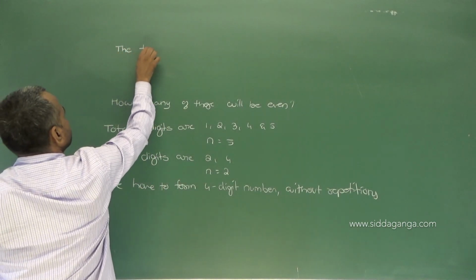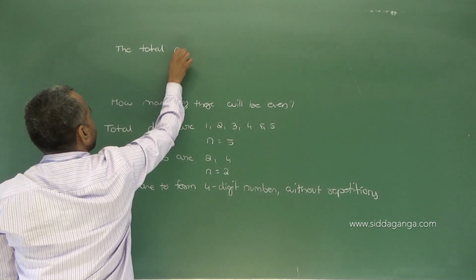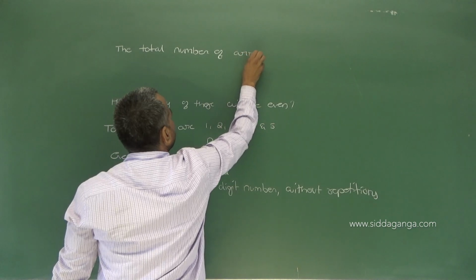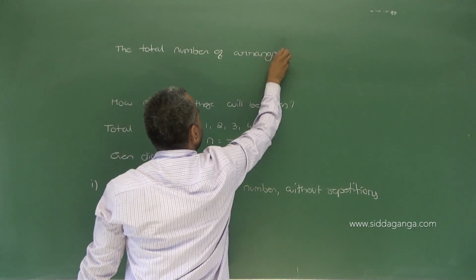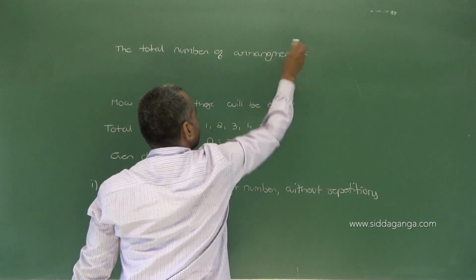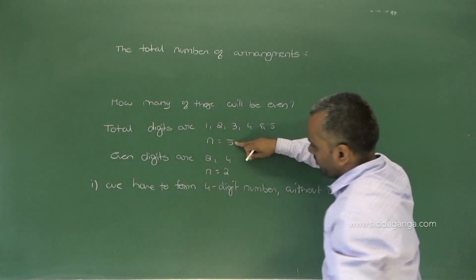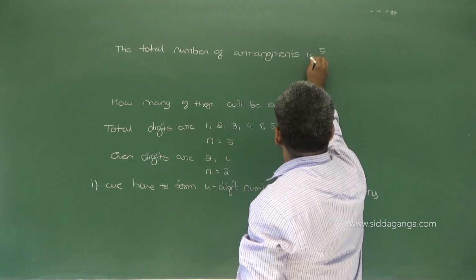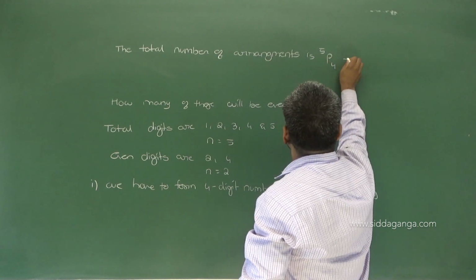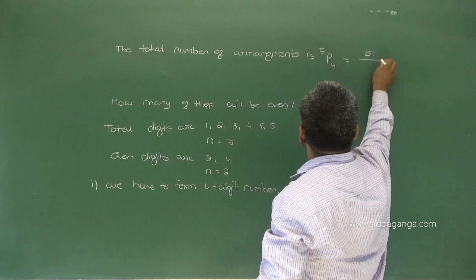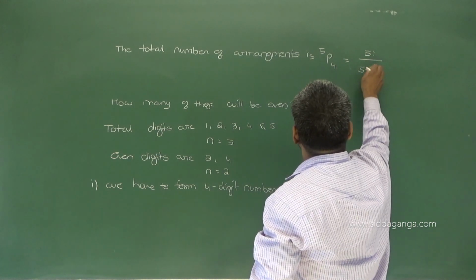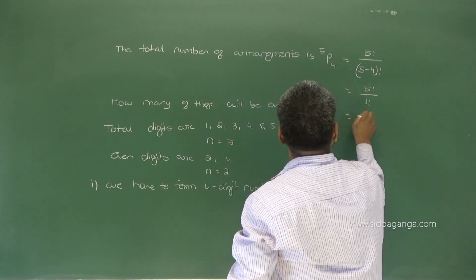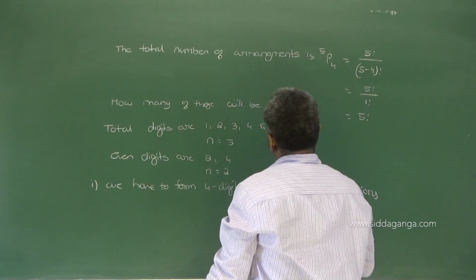The total number of arrangements is equal to, N is equal to what? 5. R is equal to what? 4. 5P4. 5 factorial divided by 5 minus 4 factorial. 5 factorial divided by 1 factorial, 5 factorial.